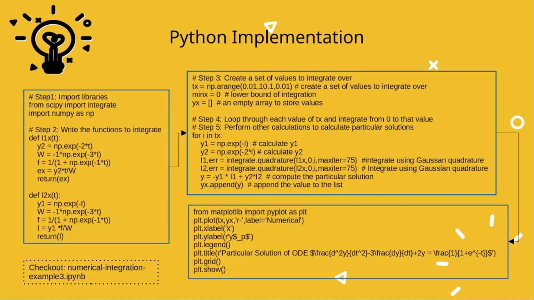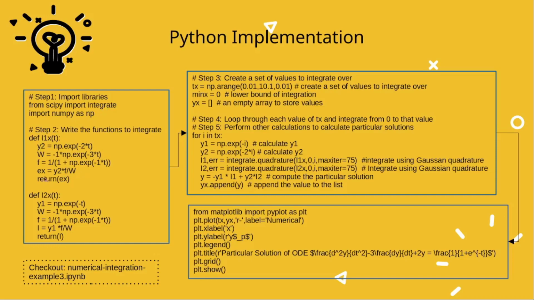So here's our Python code. Our step one is to import the libraries. From scipy, I'm going to import integrate, and integrate gives me the quadrature formula, and then I'm going to import numpy as np. It helps us with calculations. Then I have written my first integral.